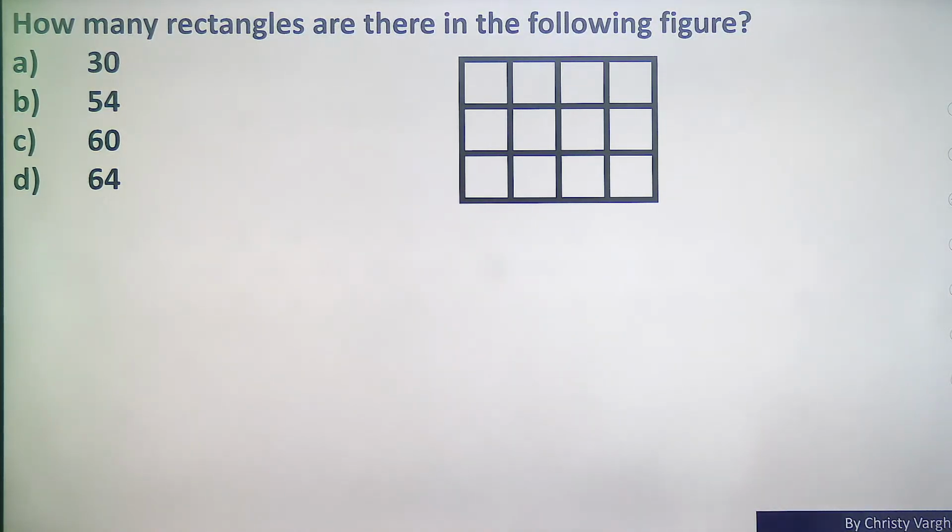Rectangle number. Very good. Some of you already got it.